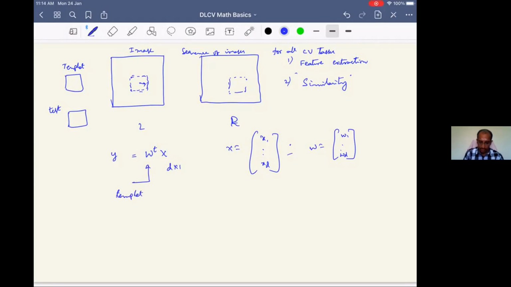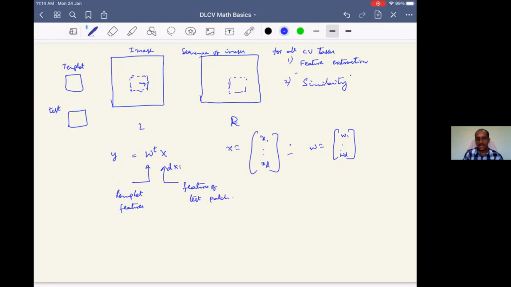When I learn W appropriately, it captures the features of the template, and X is a test patch, the features of the test patch. So Y captures the similarity between the features of our template and the test patch.